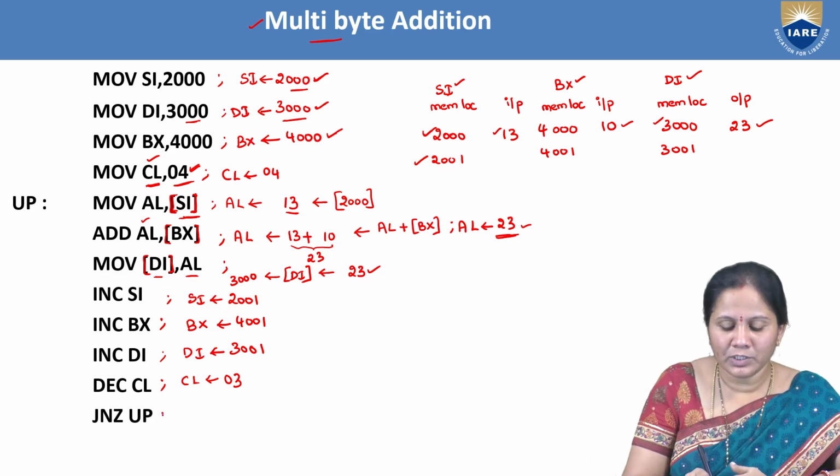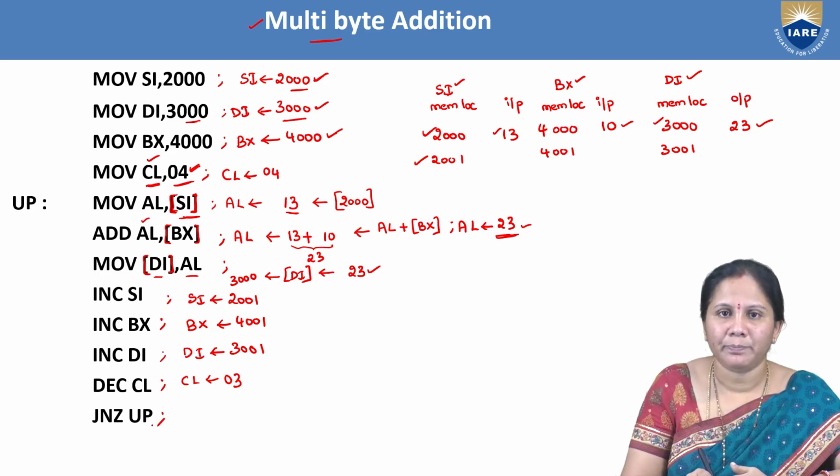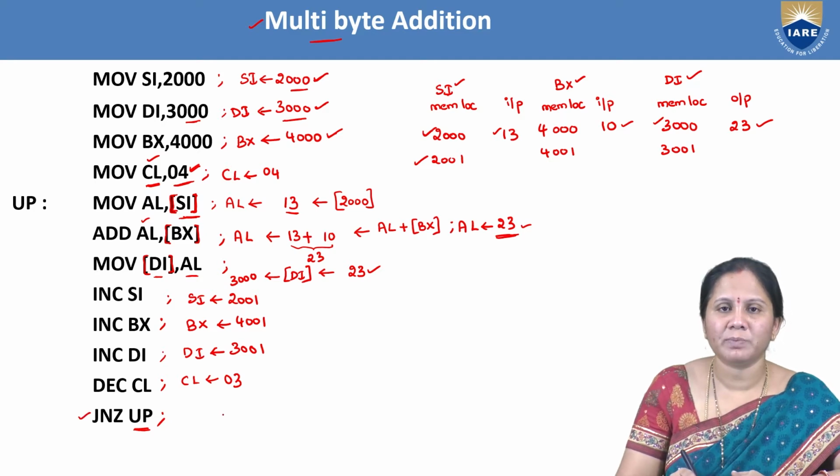And next instruction is JNZ UP. This UP is a label saying where the control has to move. The JNZ instruction represents jump if not 0. Which one is not 0?